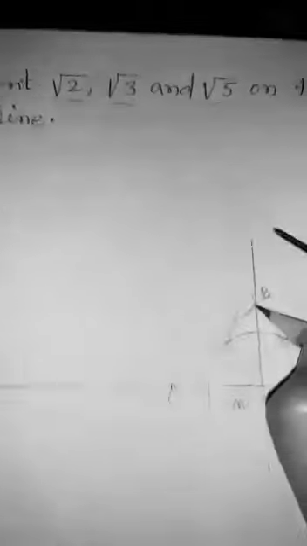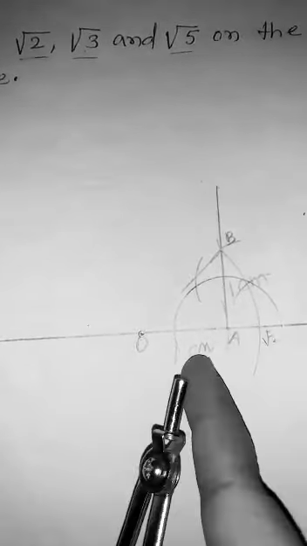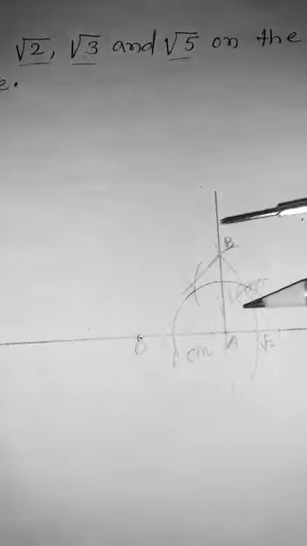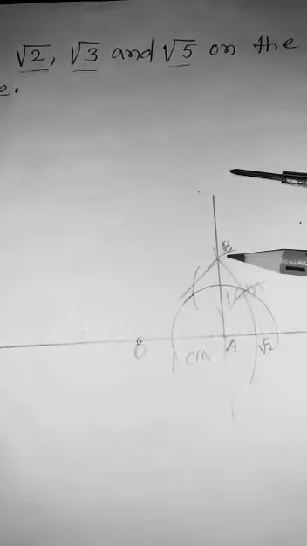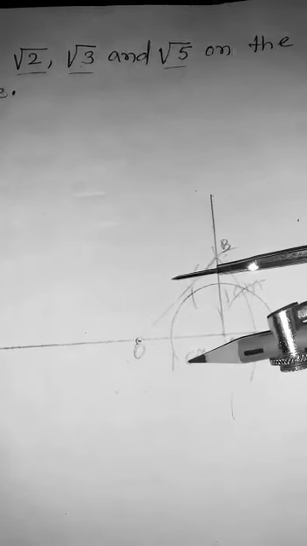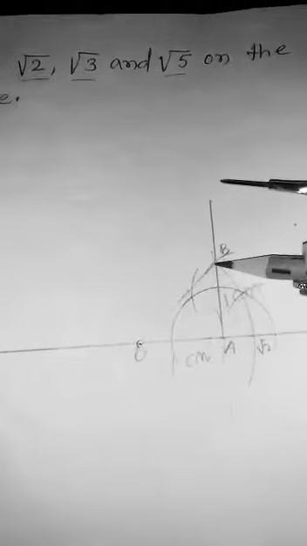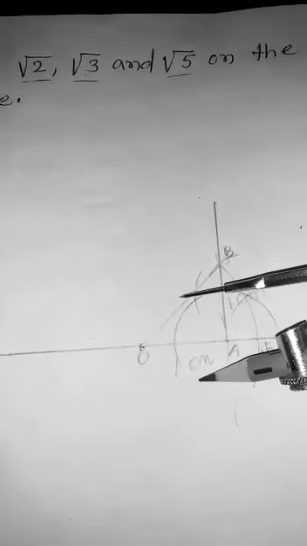So now you use your previous knowledge, or you can take the help of Pythagoras theorem. Here you observe that OA is equal to 1 centimeter, AB is equal to 1 centimeter. So how will you calculate OB? We know that hypotenuse square is equal to perpendicular square plus base square. So OB will be equal to what? Root under 1 square plus 1 square. That will be how much?